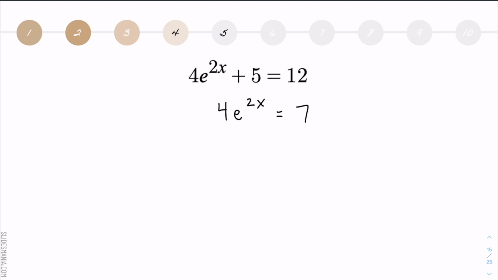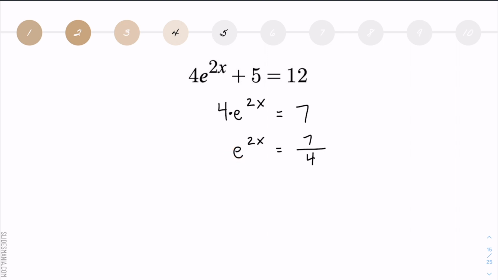Okay, now let's get rid of this 4. This is 4 times e to the 2x. So how do we undo multiplication? We use division. So we're going to have 7 divided by 4. Now we have our exponential all by itself. Okay, so we have to ask ourselves, what's the inverse of exponential base e?